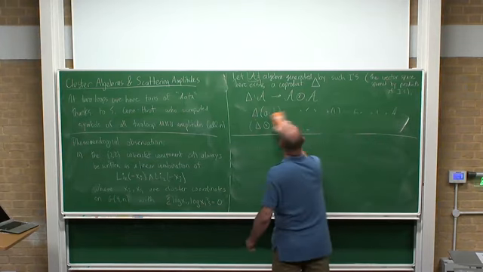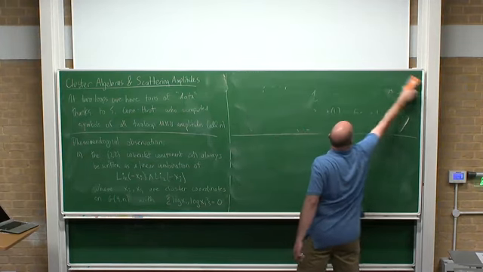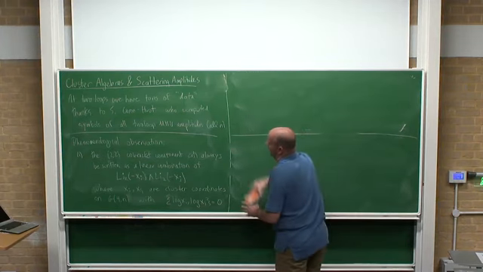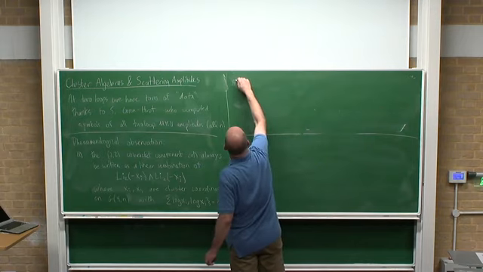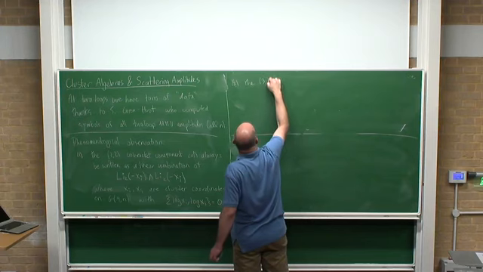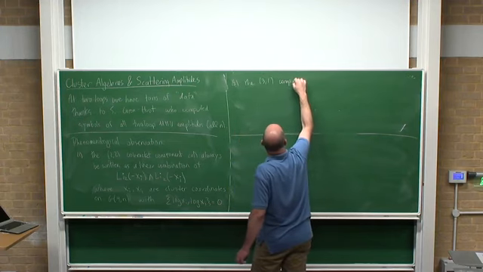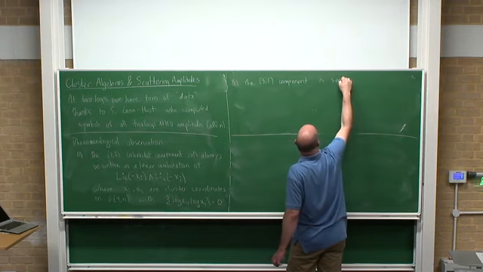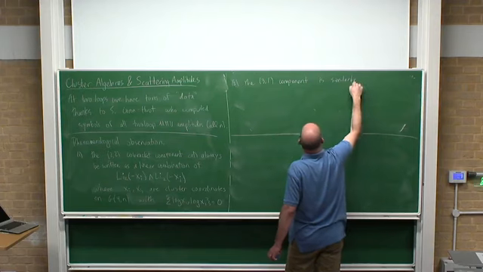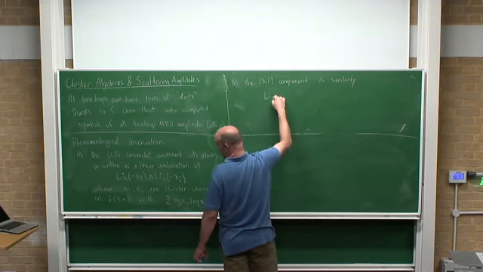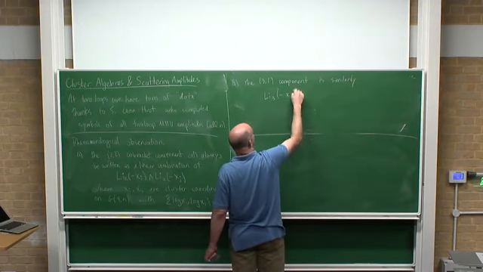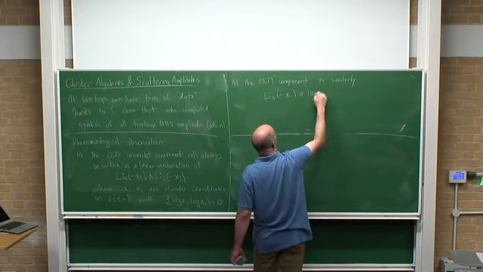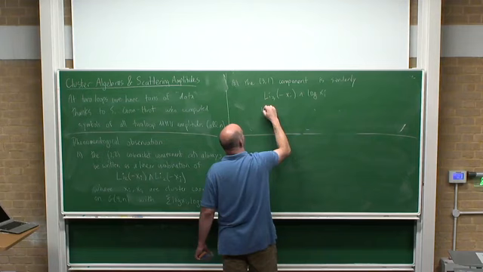Punchline number 2 is that the 3,1 component is similarly a linear combination of terms of the form Li3 of xi with log xj.